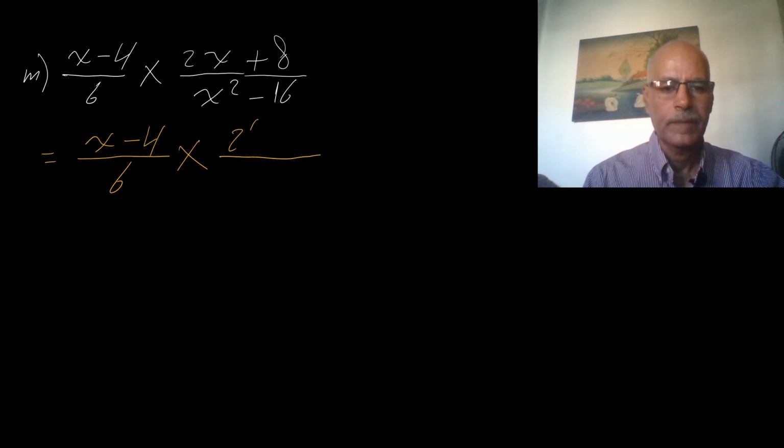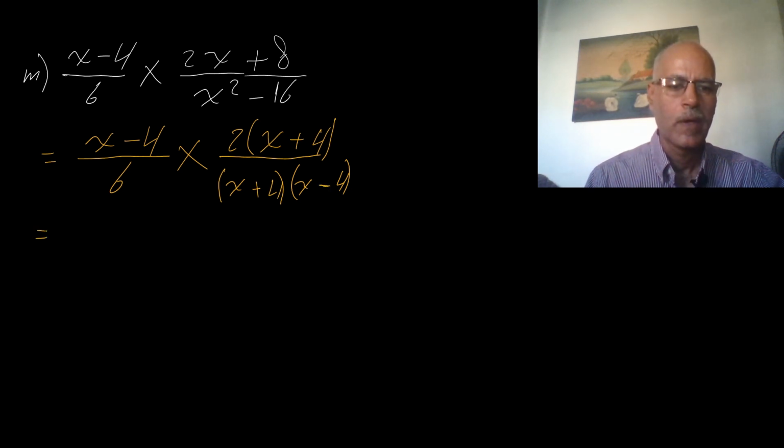Take 2 common. It's x plus 4 over 2. And under, it's the difference between two squares. It's x and x, 4 and 4. One positive and one negative.